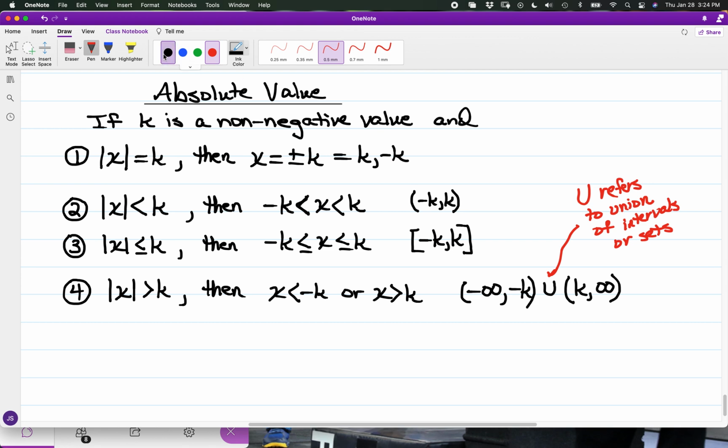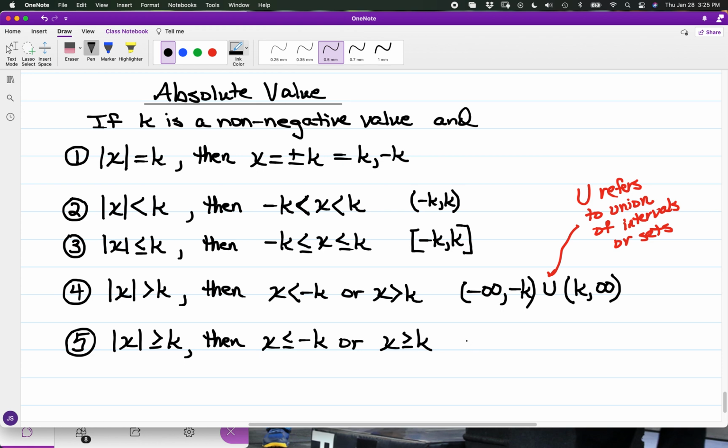And if we have, let's say, that the absolute value of x is greater than or equal to k, then you're going to have that x is less than or equal to negative k, or x is greater than or equal to k.